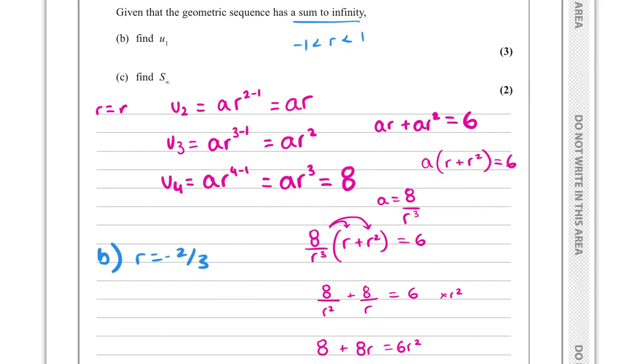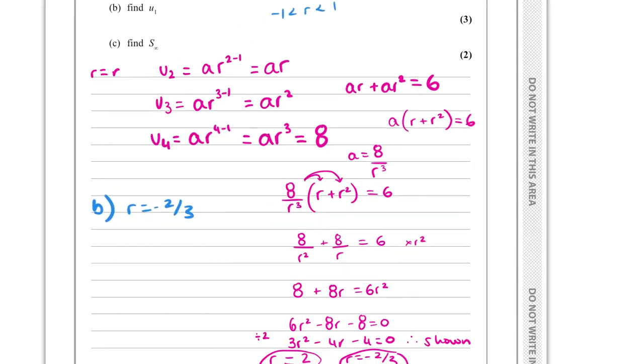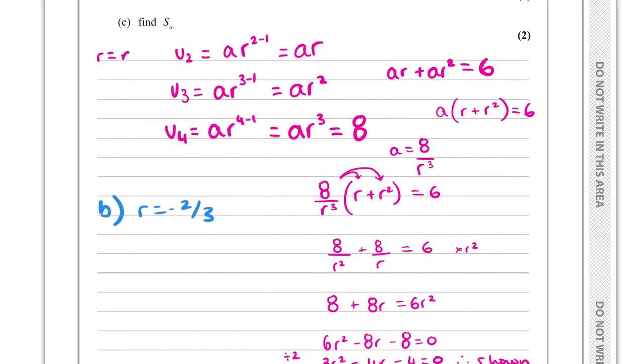And it says find u1. Okay, so what is u1? So u1 equals a times r to the power of 0. And actually, you know what? Sometimes this happens where you start writing. But remember, what is the first term always? It's always a.